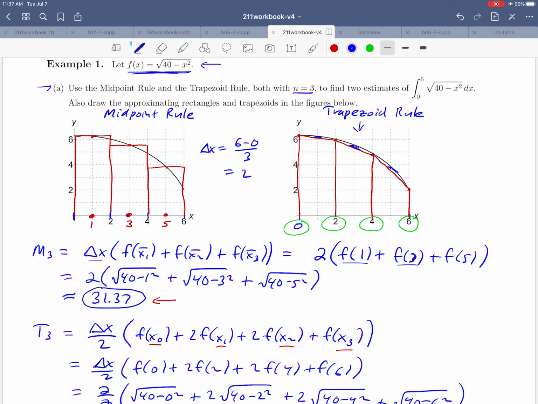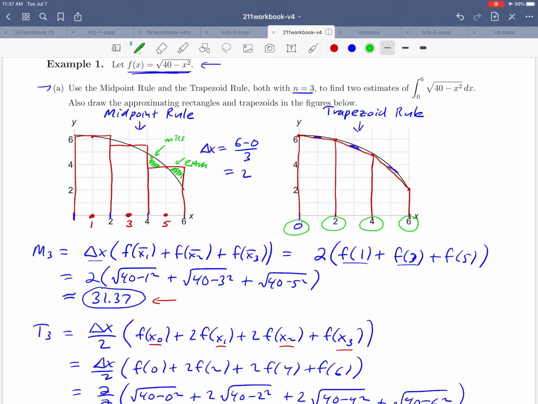Now this is a little bit harder when you look over here to the picture on the midpoint rule, because part of the rectangles stick up above the curve and give us too much area, and part of it is too low. So what we kind of need to do is to compare both sides. So I'm just going to pick one of these rectangles and compare this area with this area. We're getting extra area on the right, area that we don't want, and then we're missing some area there.